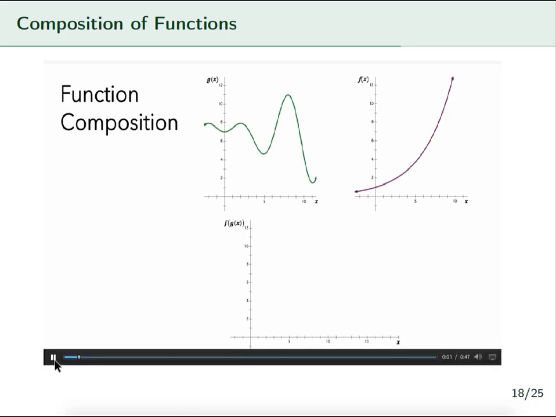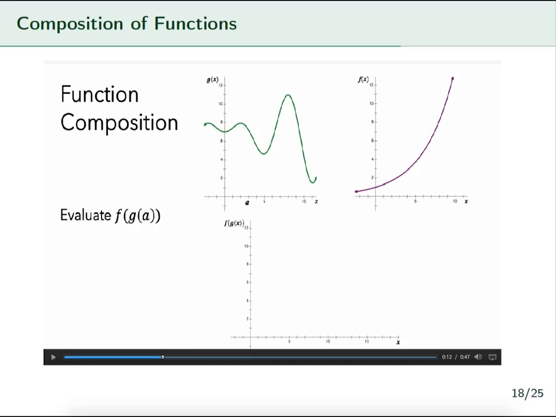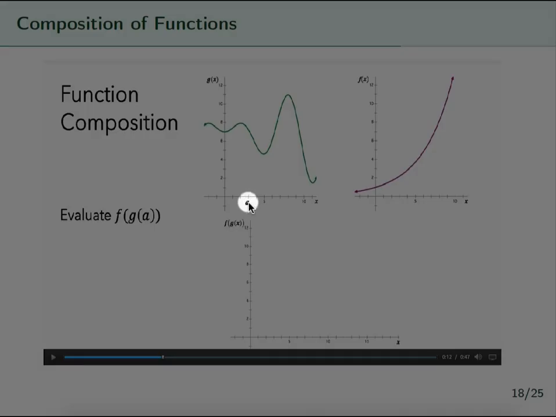And let's pick a value called a. So let's pick an input quantity a. And let's consider what it means to evaluate f of g of a. We begin by evaluating the function g at input a, right here.